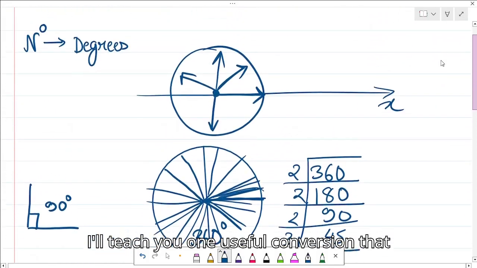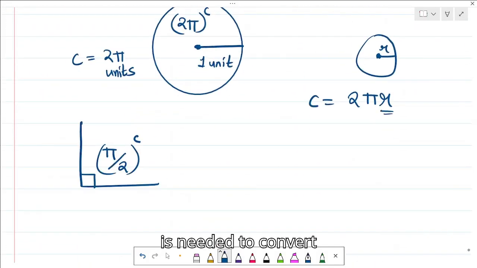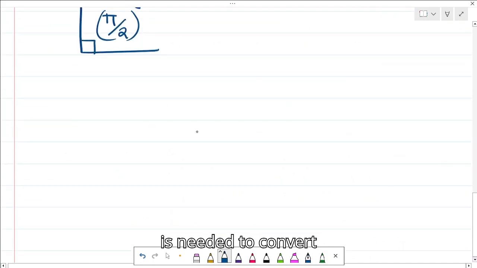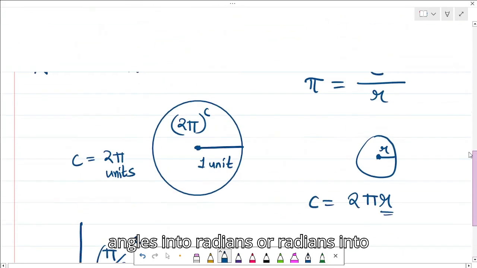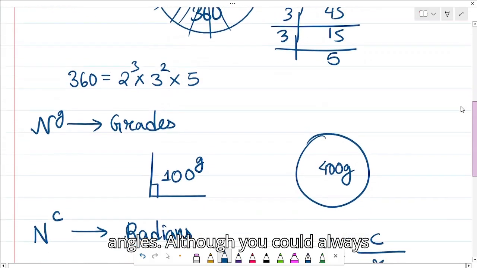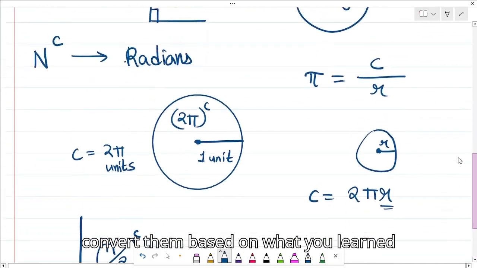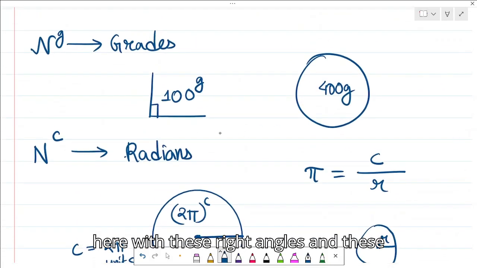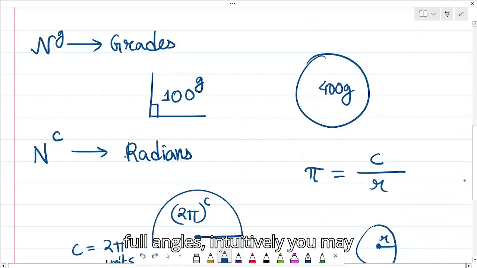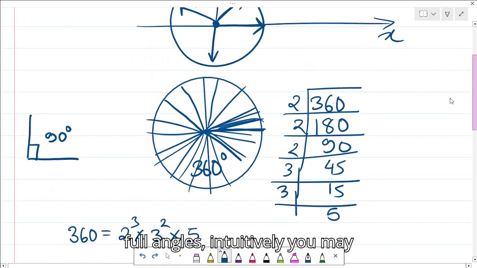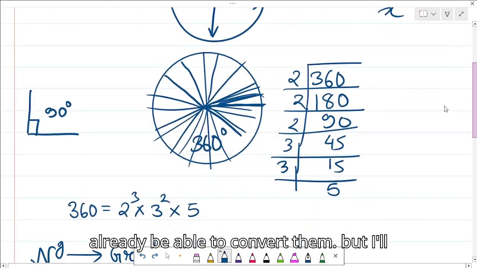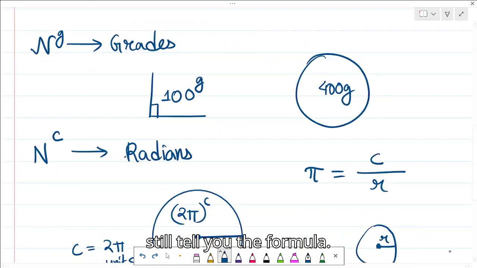I'll teach you one useful conversion that is needed to convert angles into radians or radians into angles. Although you could always convert them based on what you learned here with the right angle and the full angle, intuitively you may already be able to convert them, but I'll still tell you the formula.